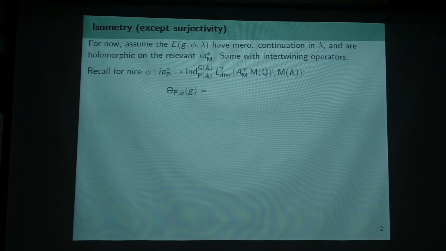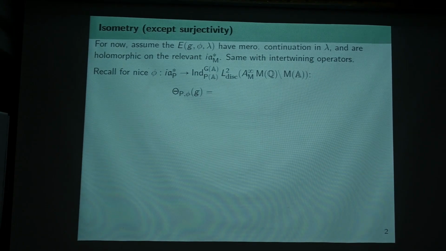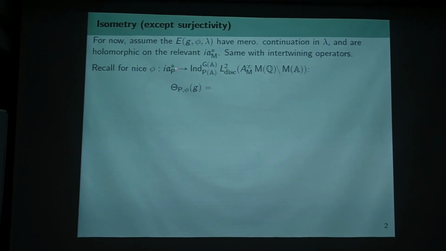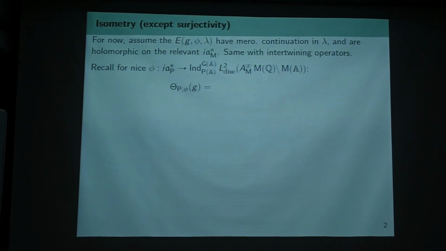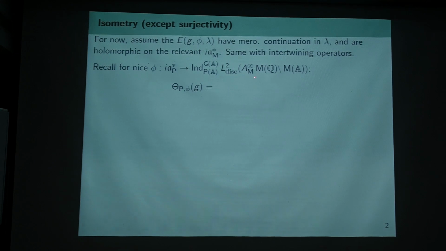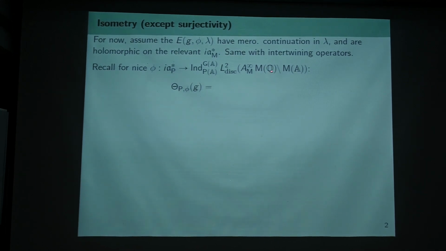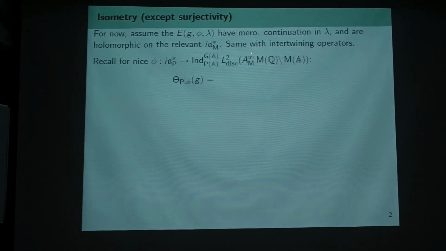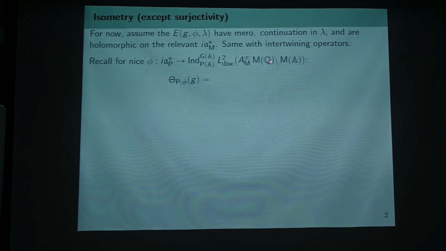Then we had this i a_P star. What did that look like in the upper half plane picture? They were the iR. From i a_P star, we had to look at functions into some particular space. Sorry, I should have written M_P here instead of M, the standard Levi of P. First of all, you have to look at the discrete spectrum of the Levi.